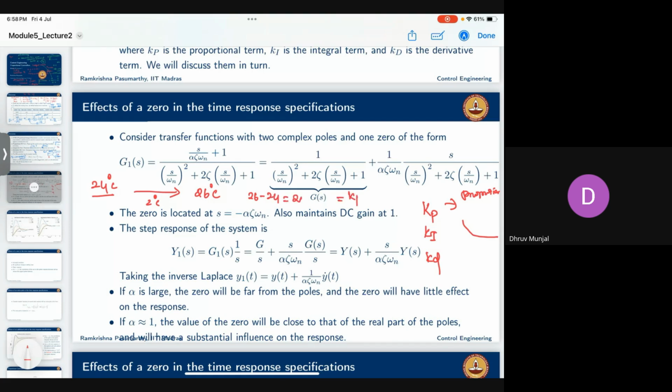So my controller gain would be 1 by 2 if I design it like that, so it will be 0.5. So it will bring down the temperature, and this becomes a very large gap. If I keep on doing like this, I might not be able to reach the 24 at all.